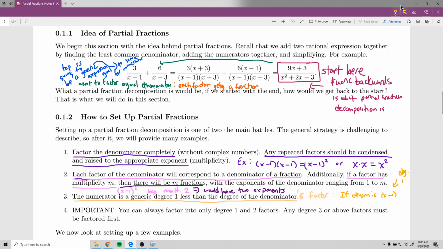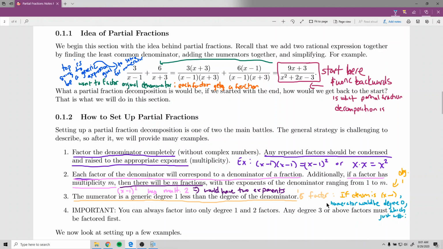And one less degree than that would be degree 0. A degree 0 polynomial is just a number. So the corresponding numerator would be degree 0, which is just a number.